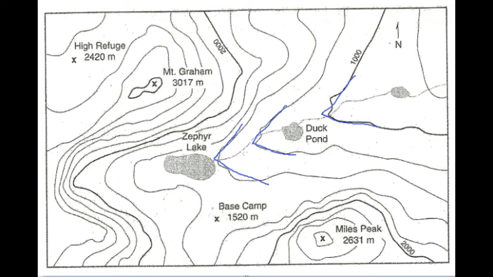So the water is not running from Duck Pond to Zephyr Lake, but in fact, the water is moving from Zephyr Lake down to Duck Pond, and from Duck Pond down to this other holding pond. And it probably would be safe to say as well that it's going to move down even further.